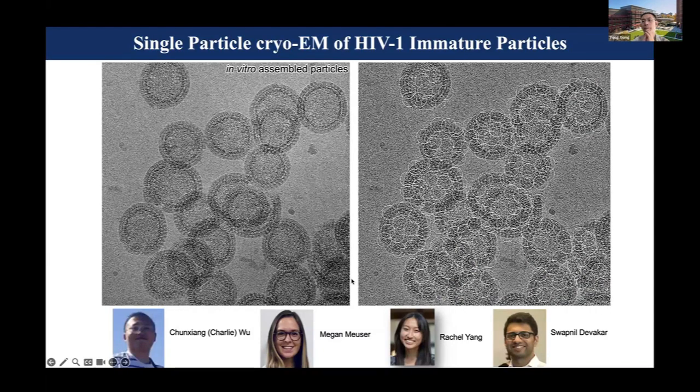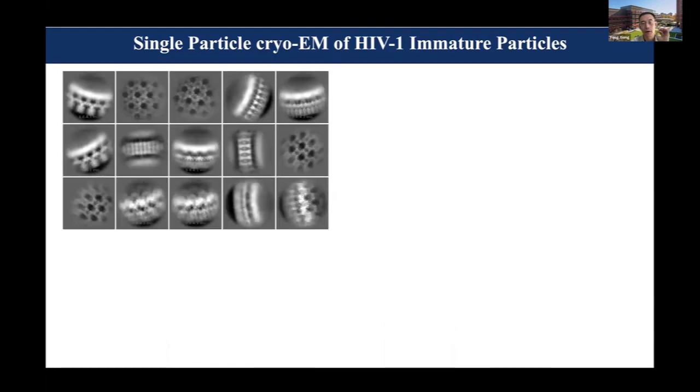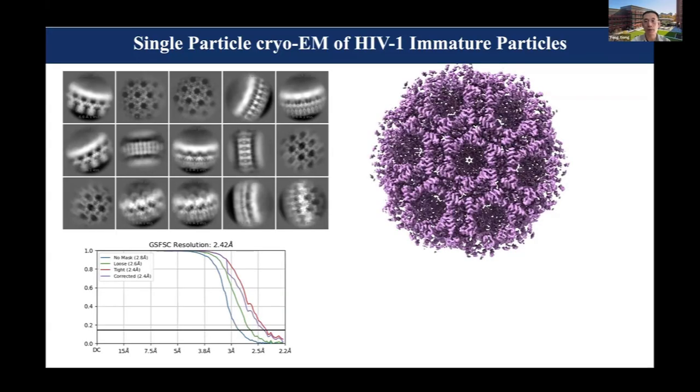Again, we can pick single particles in the local region of these capsids, then average them, and it works very well. This is the 2D class averages of the picked single particles. You can see the nice net lattice pattern. Then we just use standard single particle cryo-EM reconstruction tools, as in CryoSPARC, and get to quite high resolution.